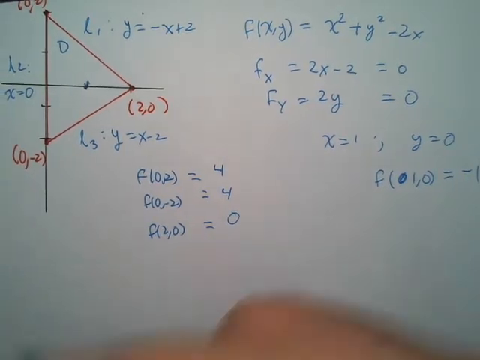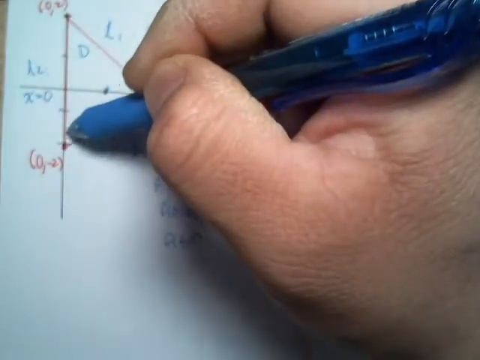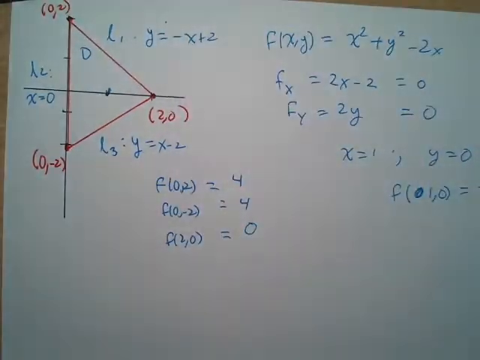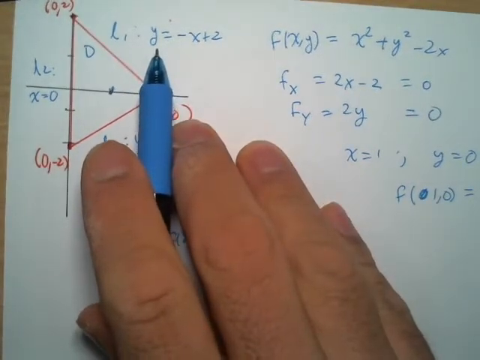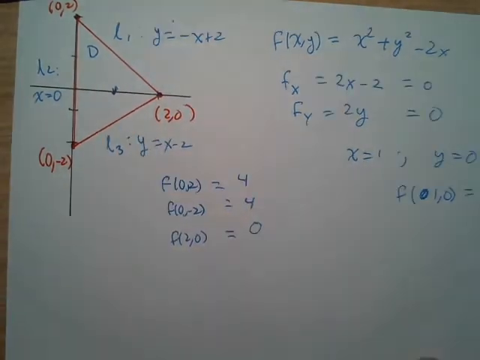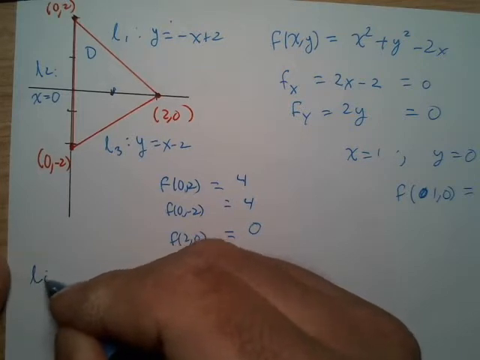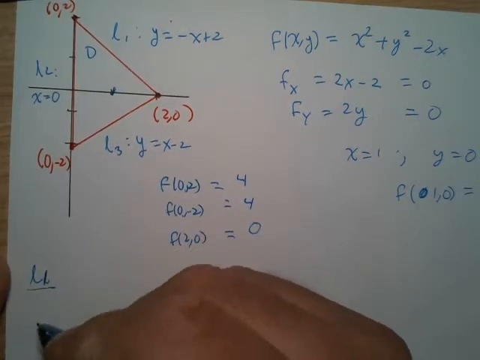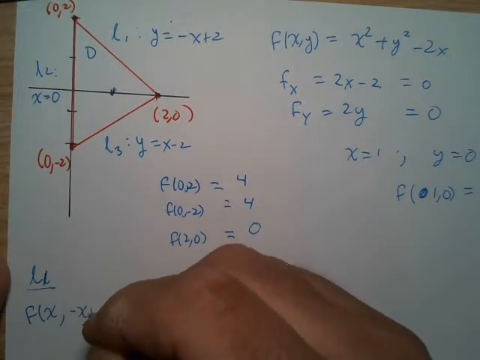But we're not done here. We need to know what is happening along this boundary here. The way we do that is by figuring out the behavior there. y is equal to negative x plus 2. So on L1, I need to find out what is happening there.